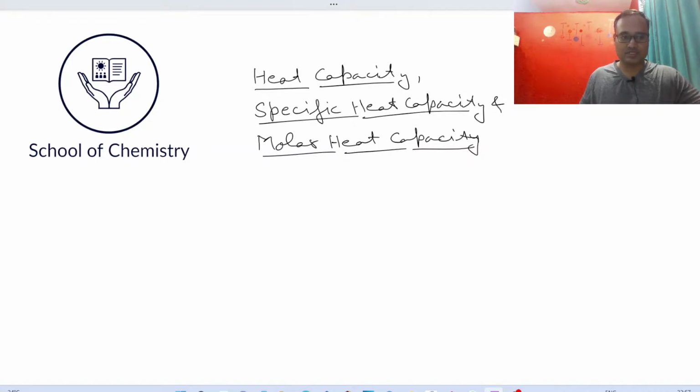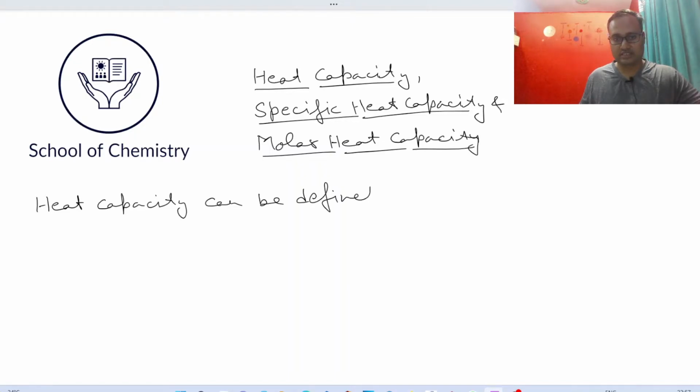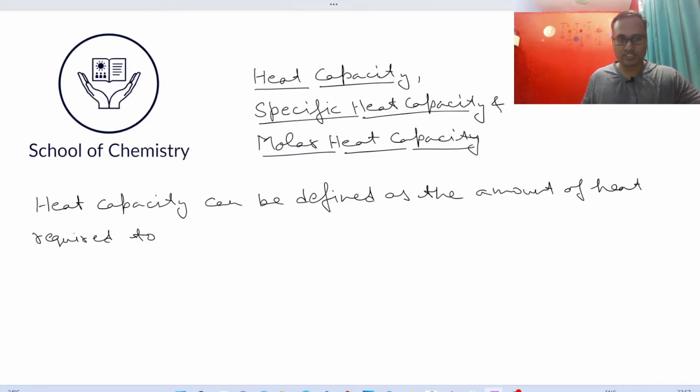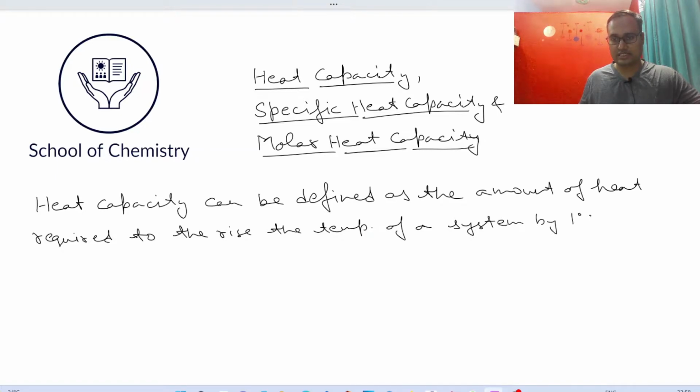What is heat capacity? Heat capacity can be defined as the amount of heat required to raise the temperature of a system by 1 degree Celsius.